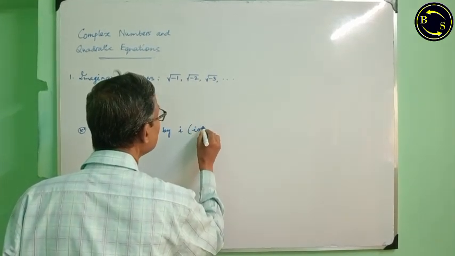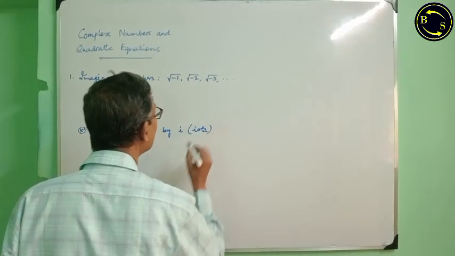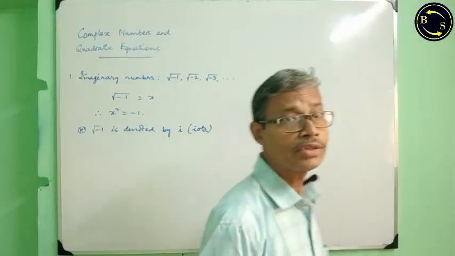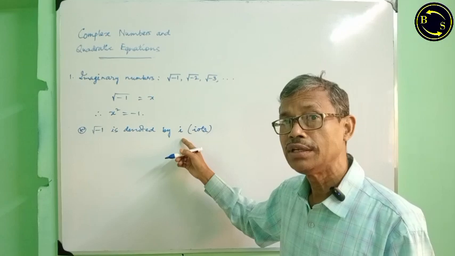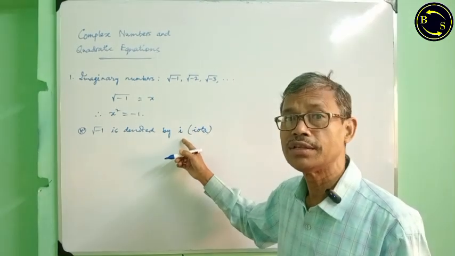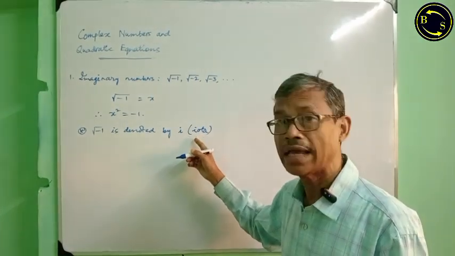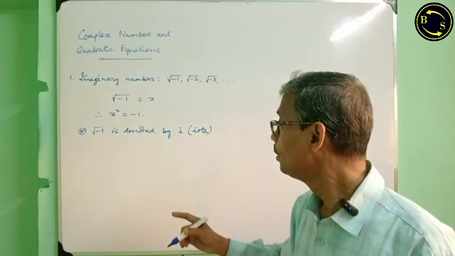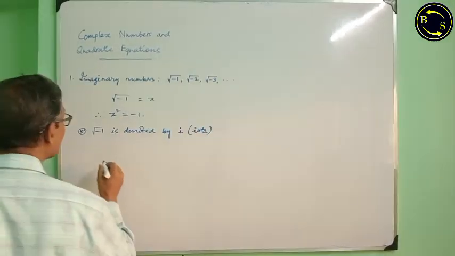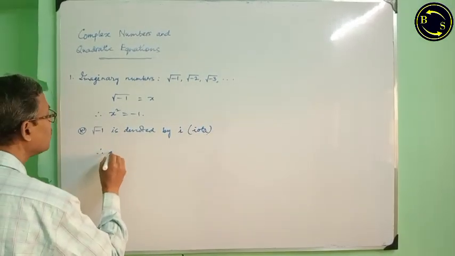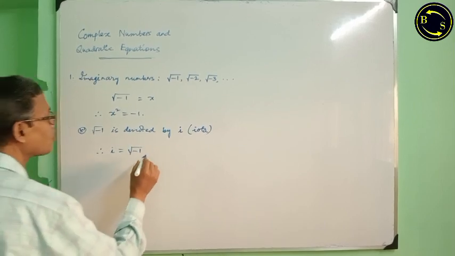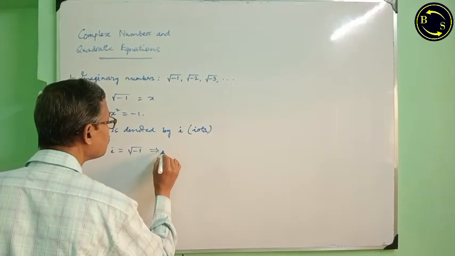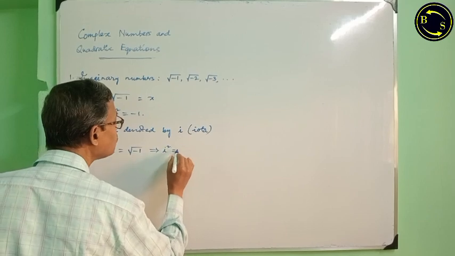It is actually iota. Root over minus 1 is denoted by i, which is a Greek letter and it is pronounced as iota. Therefore, we get i equal to root over minus 1, from which squaring we get i square equal to minus 1.